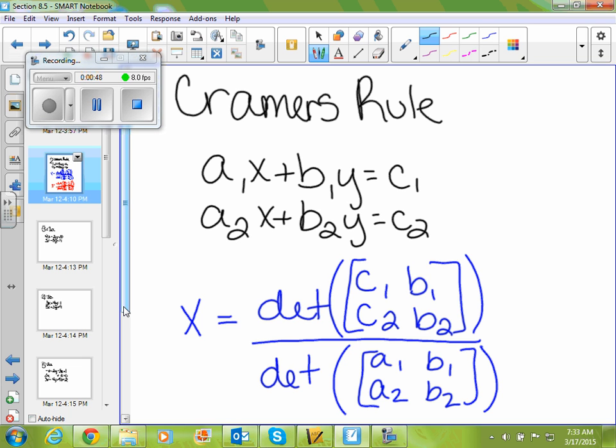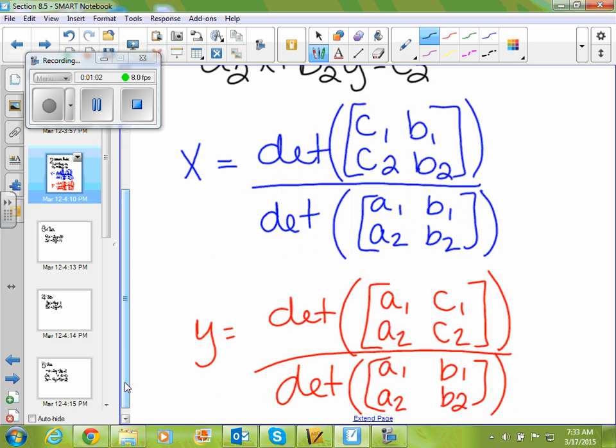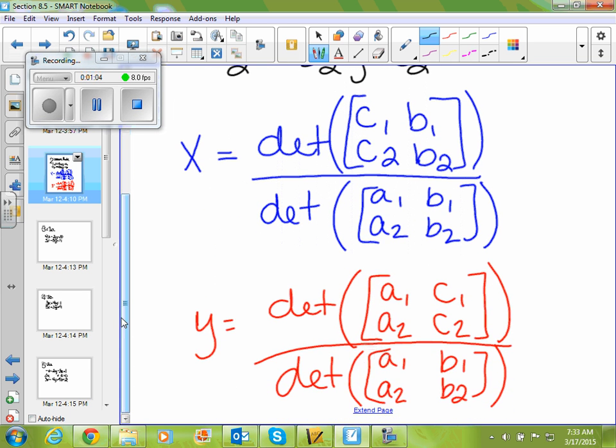To find your x, you find the determinant of c1, b1, c2, b2, and you divide it by the determinant of your leading coefficients, a1, b1, a2, b2. Then to find your y, you do similarly: the determinant of a1, c1, a2, c2, divided by the determinant of your leading coefficients, a1, b1, a2, b2.